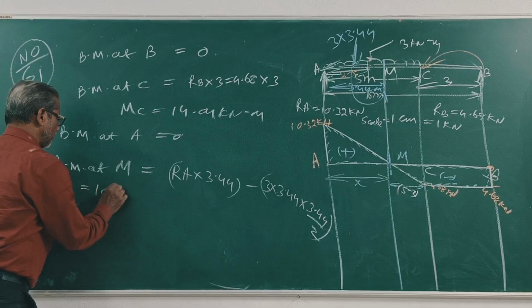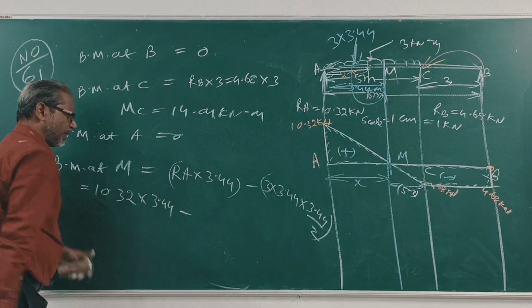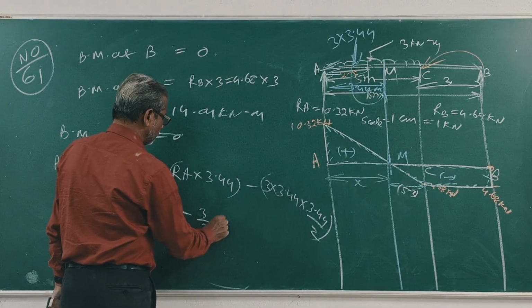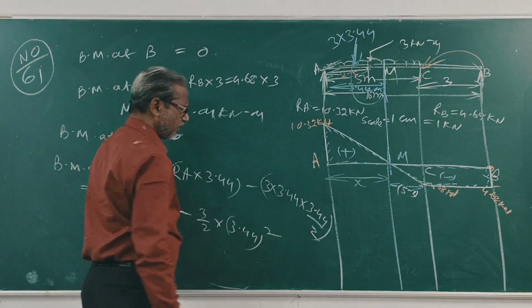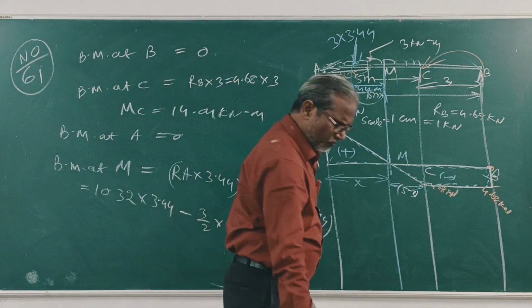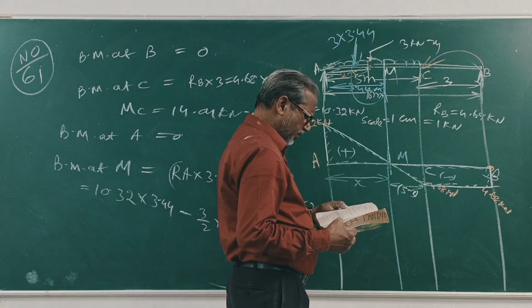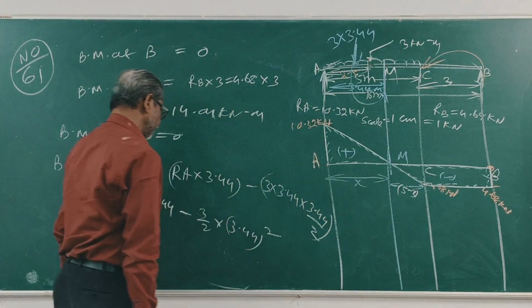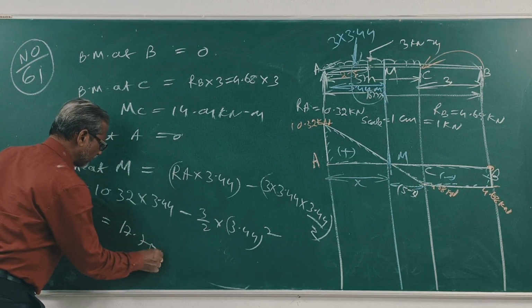This is 10.32 into 3.44 minus 3 by 2 into 3.44 squared. This value may be 70.75 kilonewton meter.